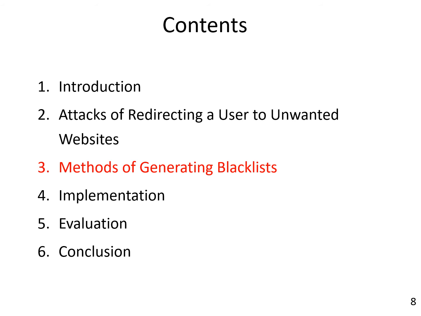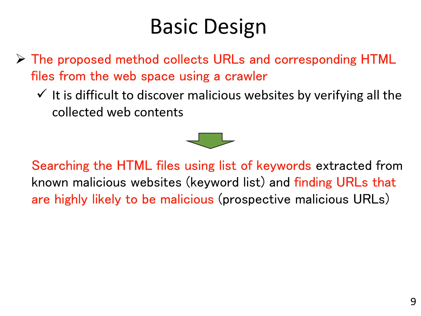Next, I will explain about methods of generating a blacklist. We propose a method for searching malicious websites and generating a blacklist for mobile devices from discovered malicious websites. The proposed method collects URLs and corresponding HTML files from the web space using a crawler.